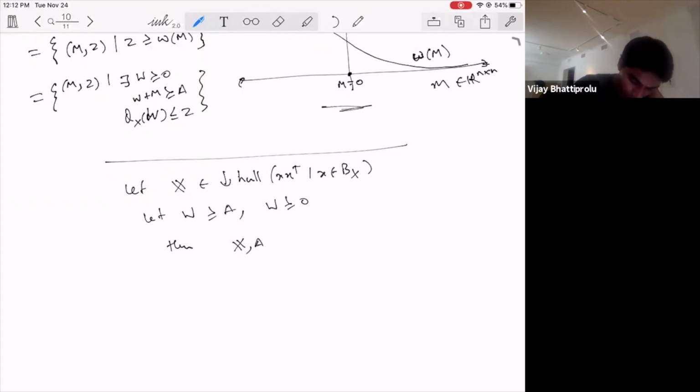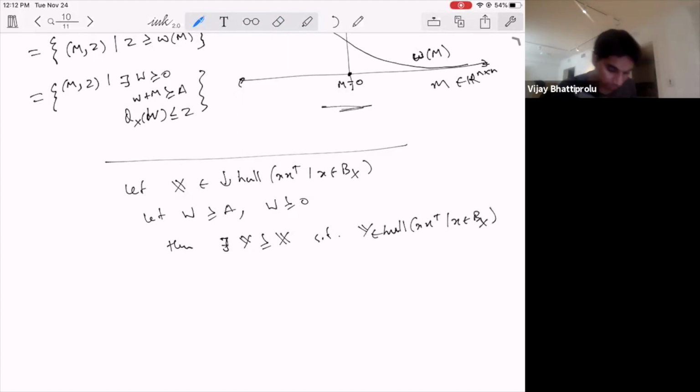X inner product A, first you want to say there exists Y dominating X such that Y is in the hull of XX transpose. This is just the definition of downward closure, right?